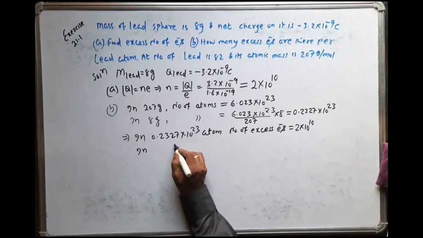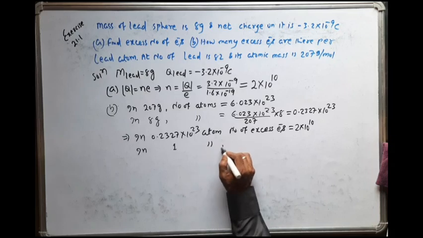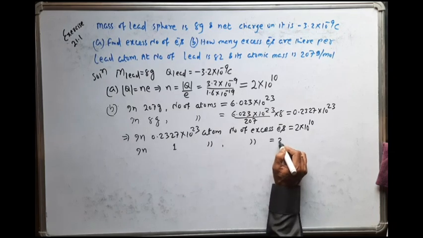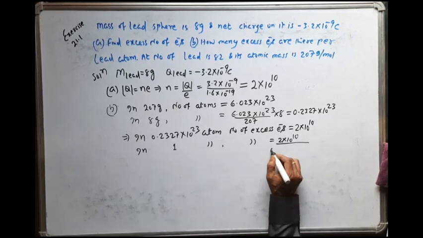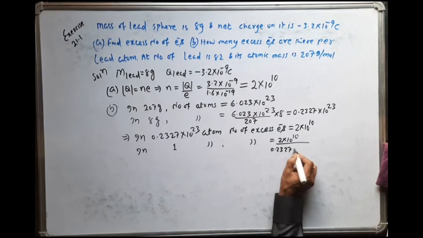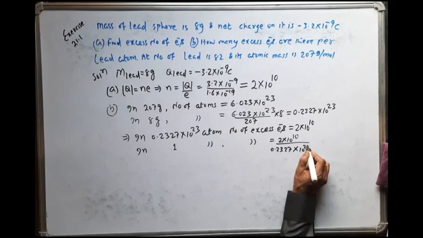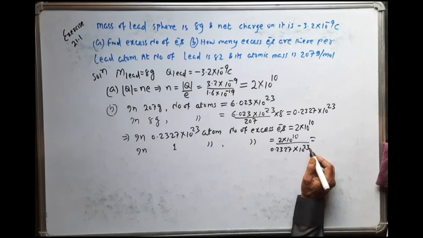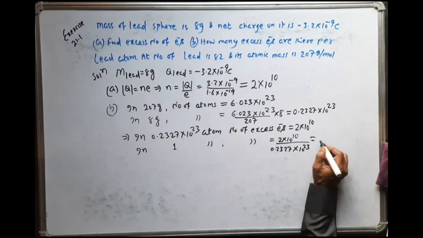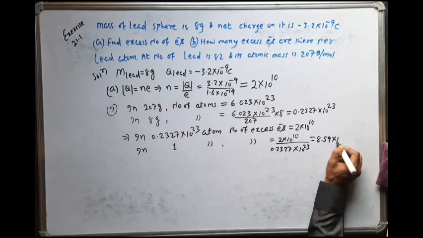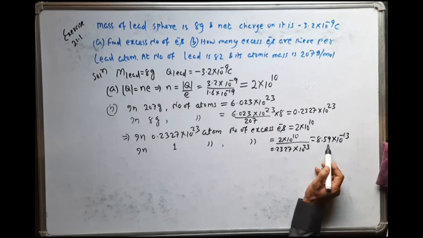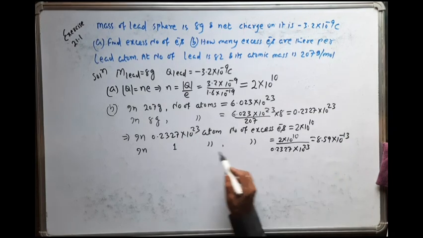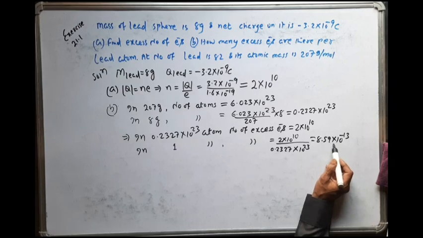So in one atom, the number of excess electrons will be 2 into 10 to the power 10 divided by 0.2327 into 10 to the power 23. If we calculate this, it comes to 8.59 into 10 to the power minus 13. So in one atom, the number of excess electrons is this much.